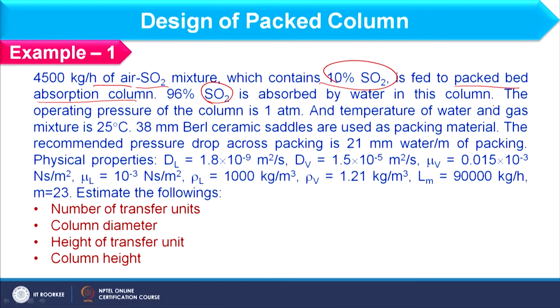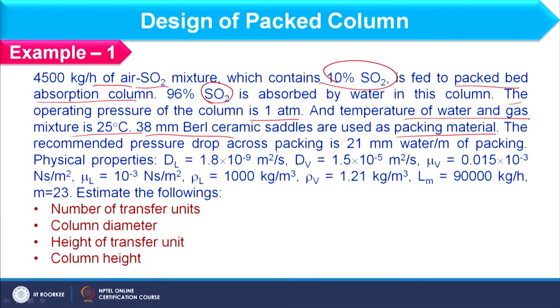So, what is the remaining percentage of SO2 in the air and SO2 mixture? That should be 4%, right. The operating pressure of the column is 1 atmosphere and the temperature of water and gas mixture is 25 degrees Celsius. 38 mm Berl ceramic saddles are used as a packing material.